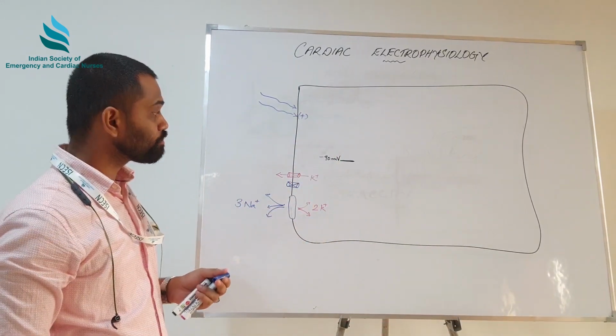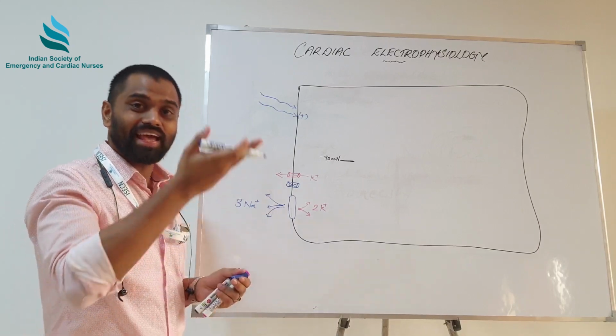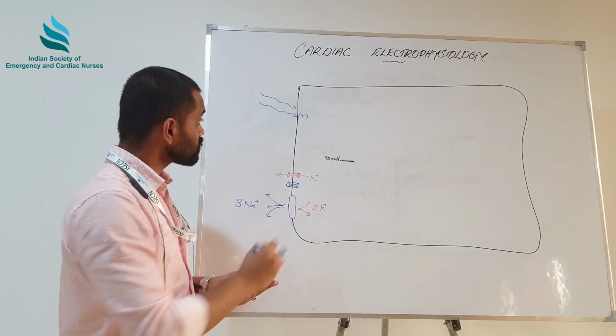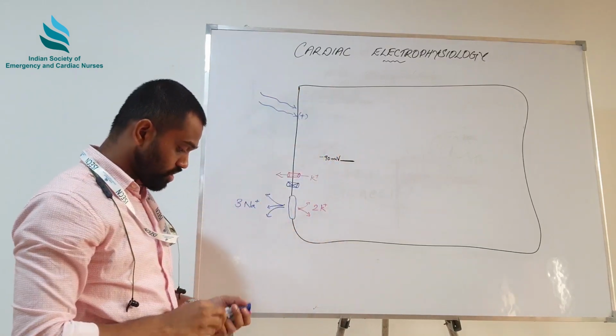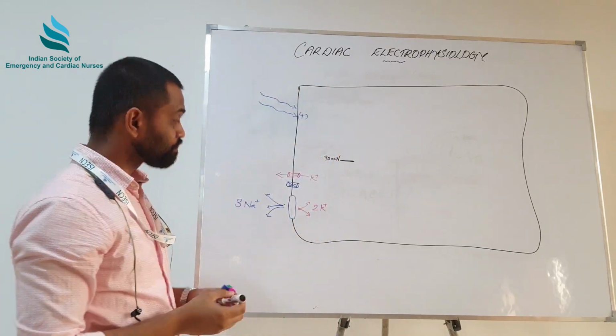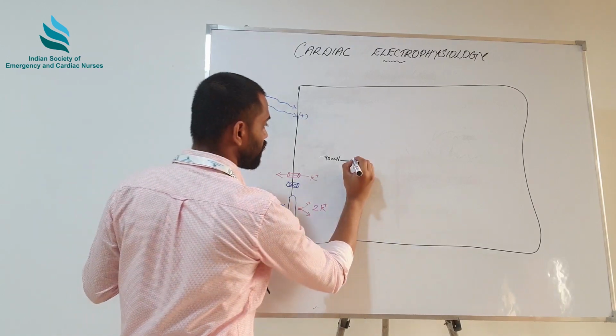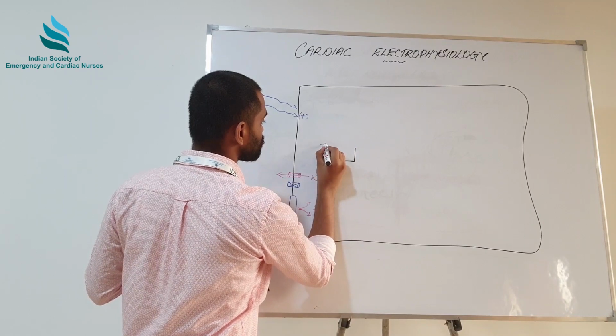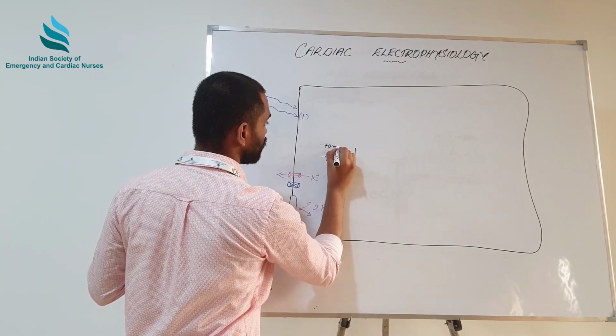It starts elevating, moving towards positivity. Because the cell is gaining cations, the membrane potential slowly rises from minus 90 to minus 80, and at this point it is minus 70 millivolt.